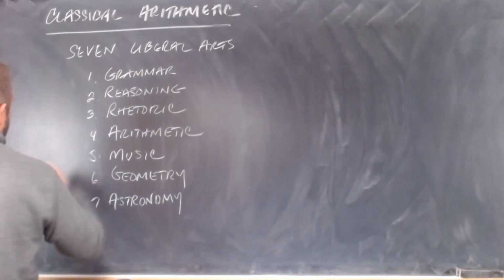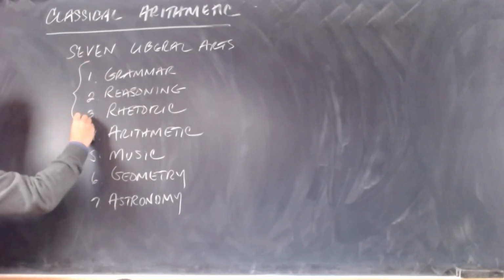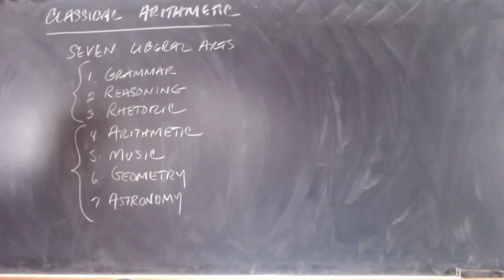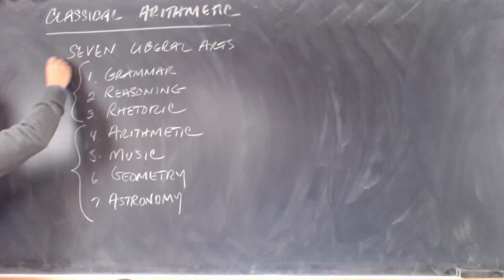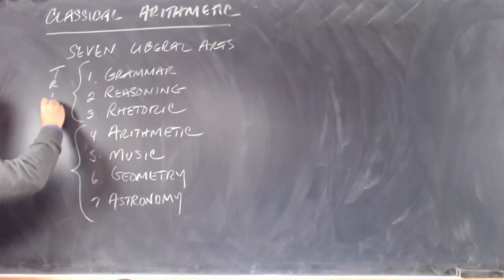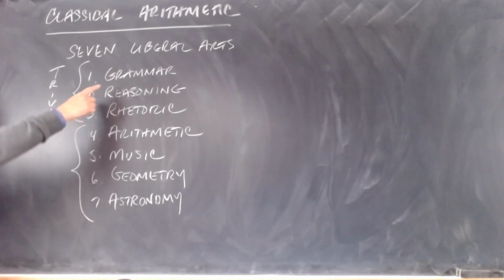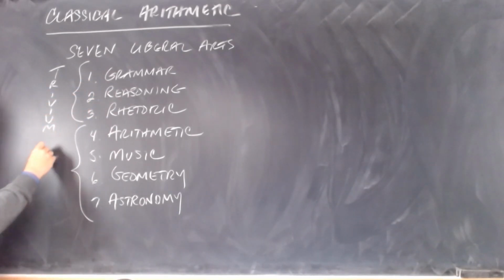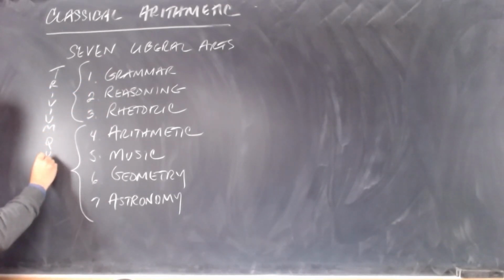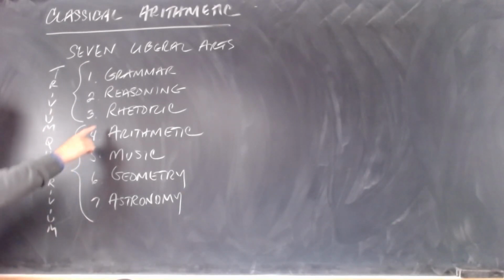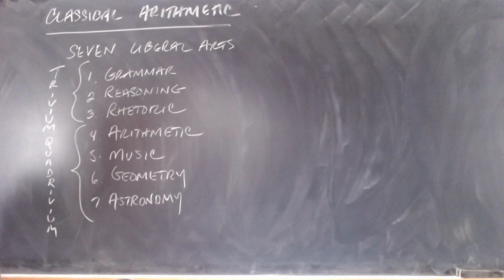And they divide into two groups. The first three are referred to as the Trivium, and you've probably seen these words all over the website. The Trivium refers to these three arts, and the Quadrivium refers to these four arts.